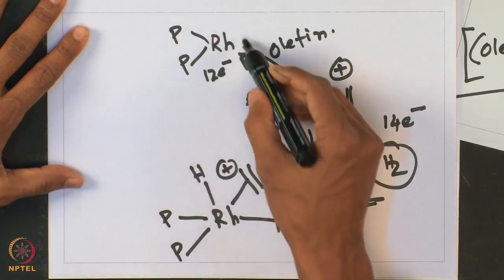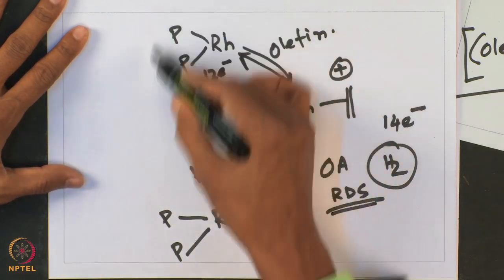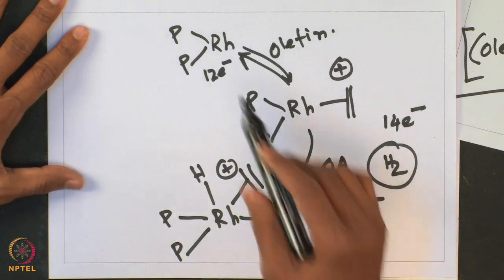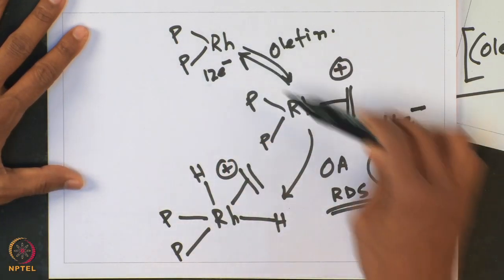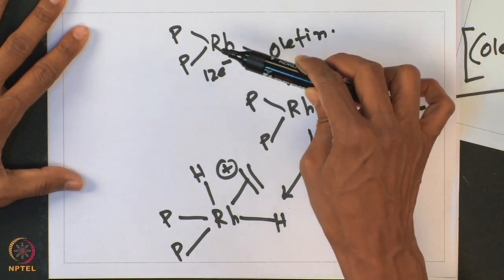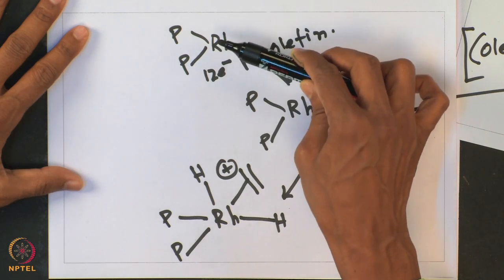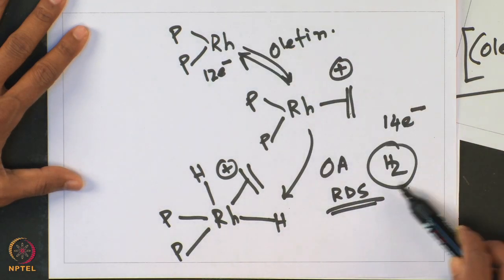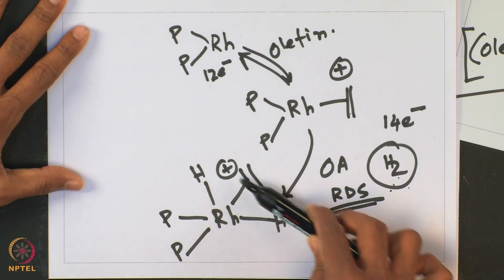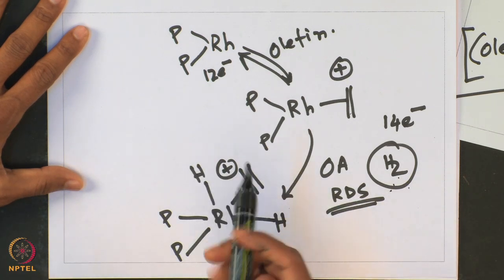In these cases we do not have a monohydride to start with in the organometallic intermediate or the metal complexes. Here we have a number of vacant coordination sites at the metal center, then olefin binds and then oxidative addition of hydrogen happens to give you the olefin coordinated dihydride intermediate.